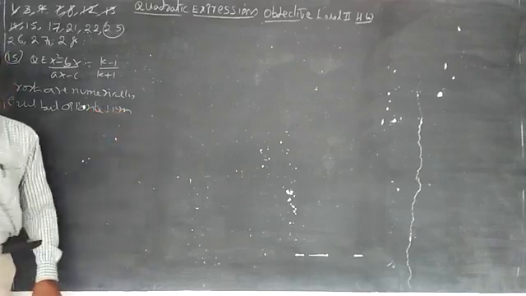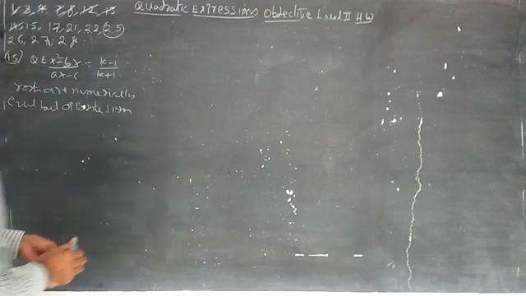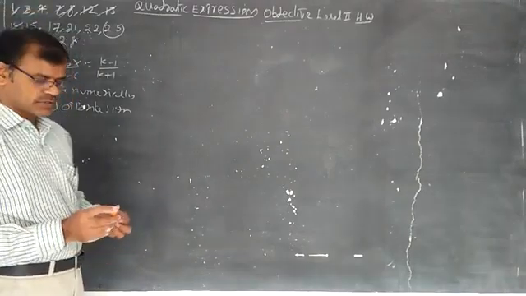Numerically equal but opposite sign means 5 and −5, 6 and −6, 7 and −7, like that.